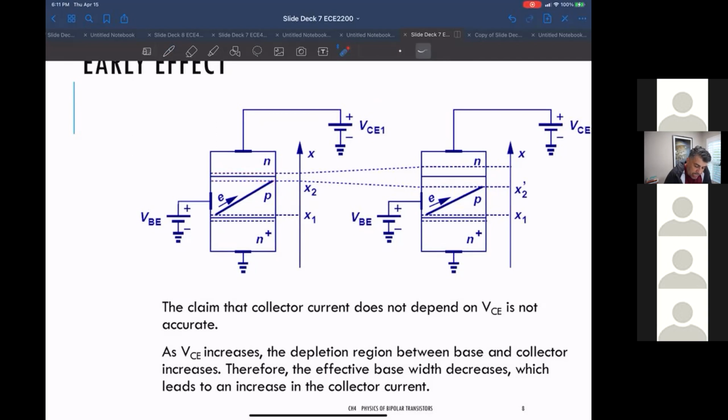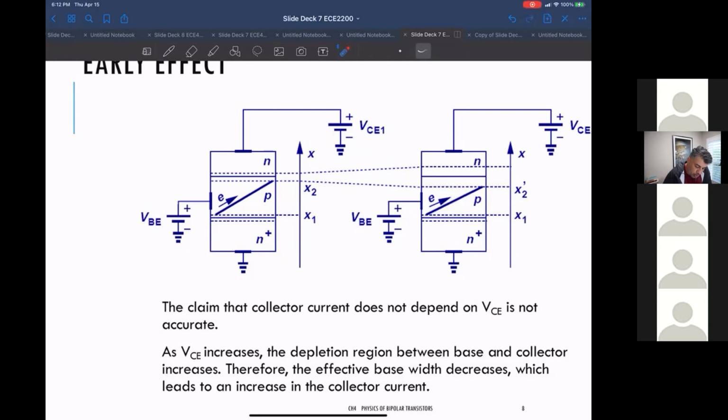And that basically has the effect on the base width. This is the region where the electrons from the emitter get dumped, and as soon as they hit the base collector junction, they get swept into the collector and collected. As this junction width increases, the point where they get collected moves closer to the emitter, so you're collecting more and more of these electrons.